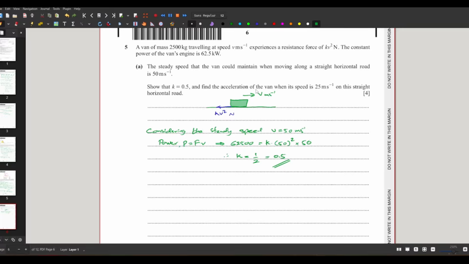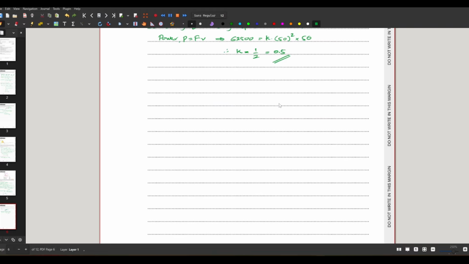But then they say that the speed is 25 and there's an acceleration. That means there is a resultant force acting on the vehicle. One is the resistive force and the other should be the driving force due to the power of the engine.